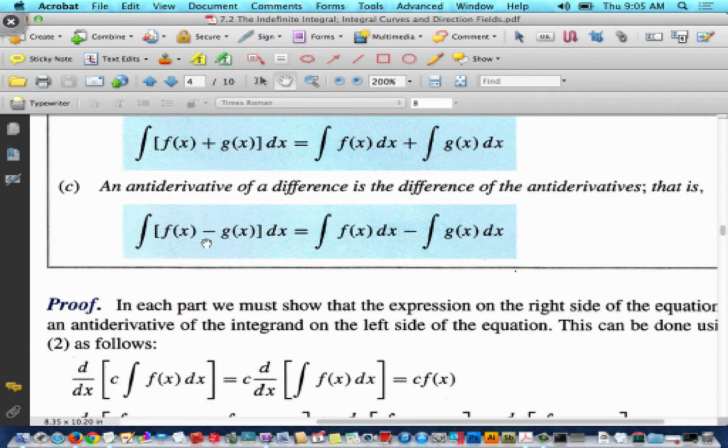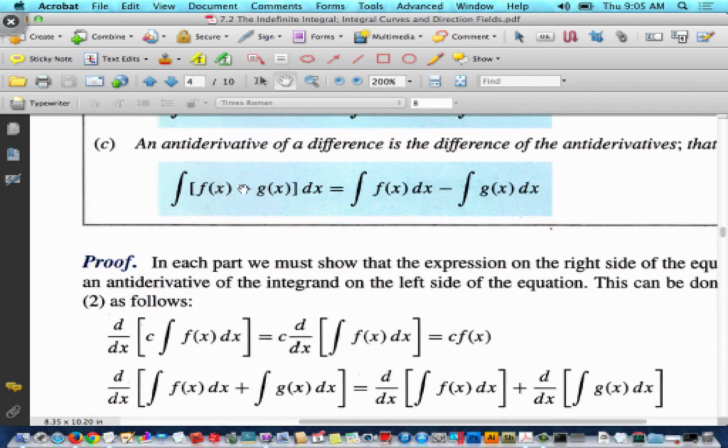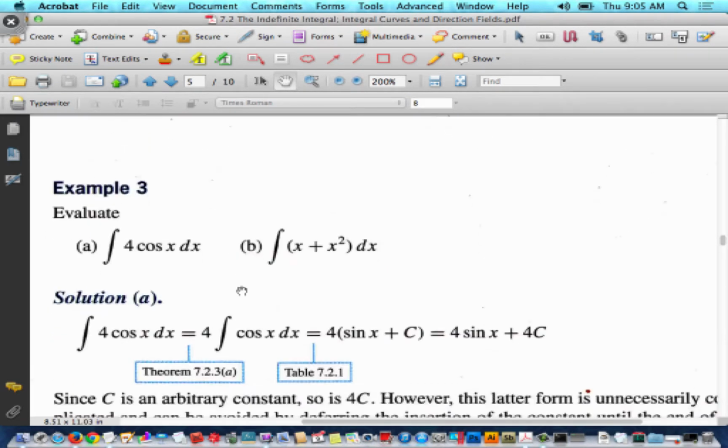Same thing with the difference. The integral of f of x minus g of x is the integral of f of x minus the integral of g of x. In other words, the integral distributes over sums and differences. Okay?